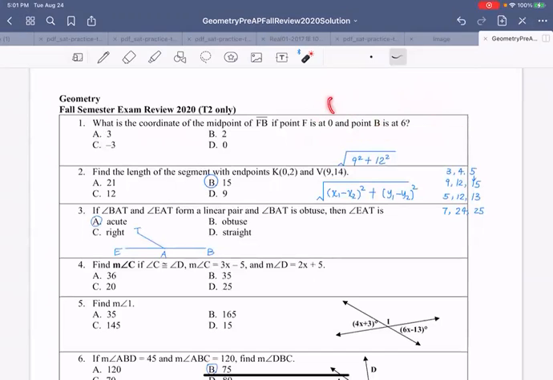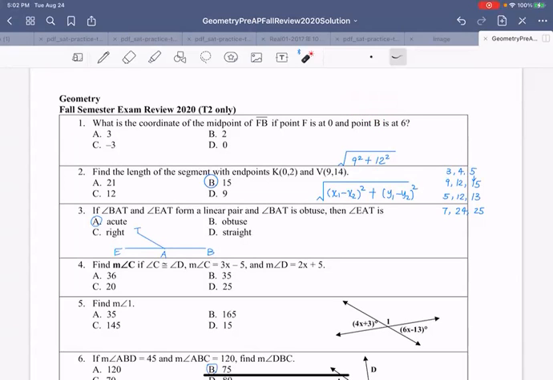So you just have one value. You don't have X, Y, you just have the X value. How do you get the midpoint? What's the midpoint formula? You just plus them together, divide by 2. That's it.